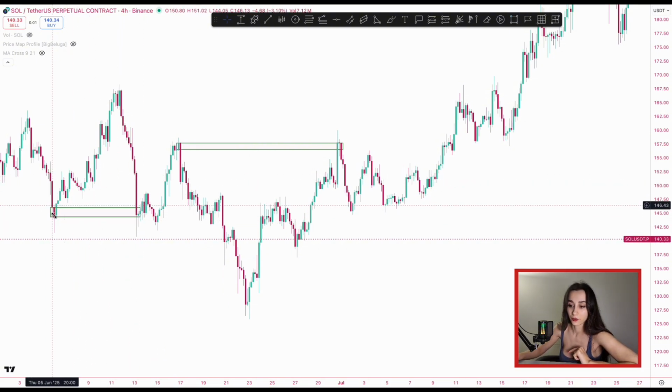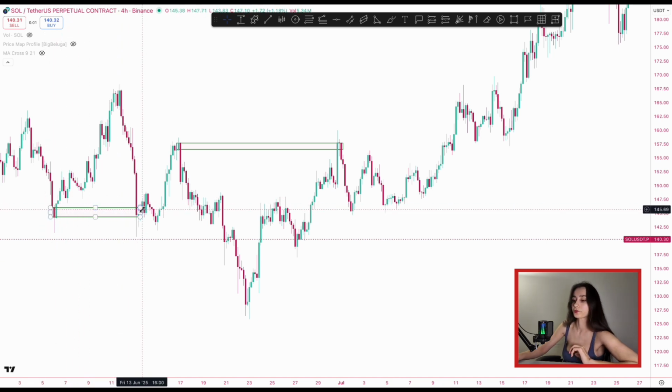And when you find this area, you will know that when the price drops at some certain time, it will drop to this zone. And let's say you make a long position here, you can know that the price will drop here.